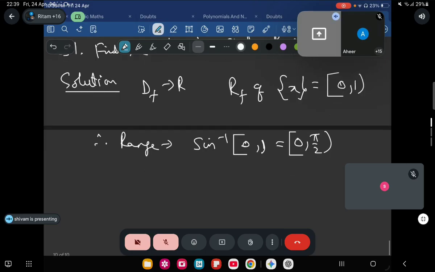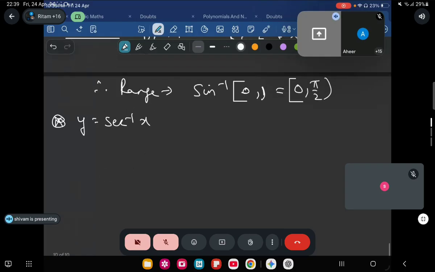Graph of sec inverse x. We just need to draw the graph for x from minus infinity to minus 1 and from 1 to infinity, with the value pi by 2 in between.